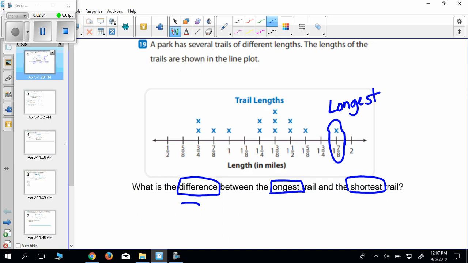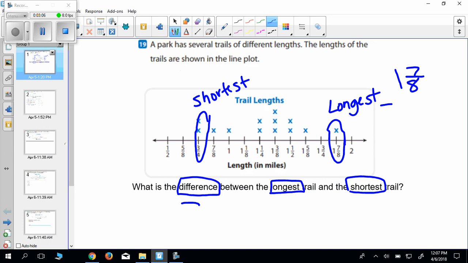And then for the shortest, you want to go as far to the left as possible that still has X's. And for us, that's here. Now, since it said that we have to subtract, we have to take the longest section, 1 7/8, and subtract from it the shortest trail, which is 3/4.